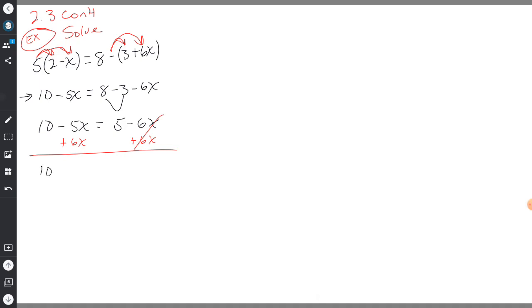Again, here we get plus x, right? And is equal to 5. So minus 10. So our solution.